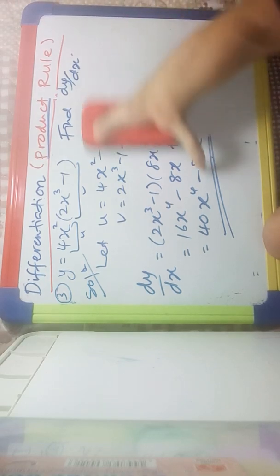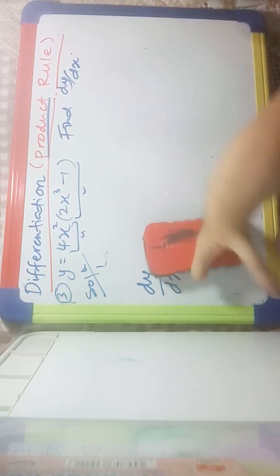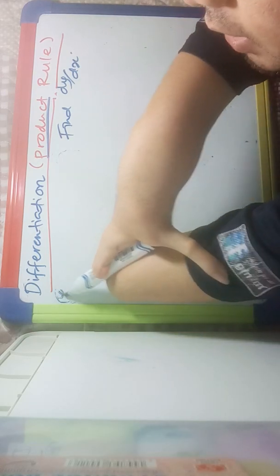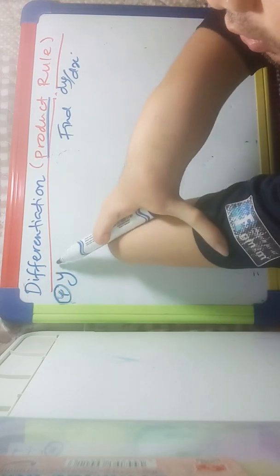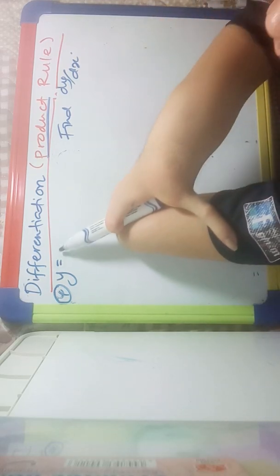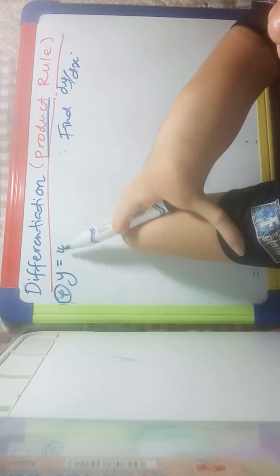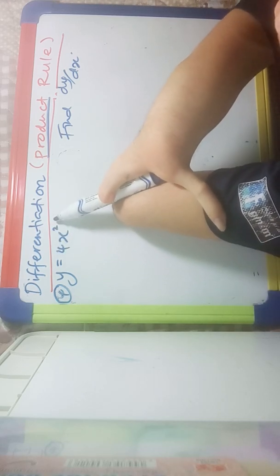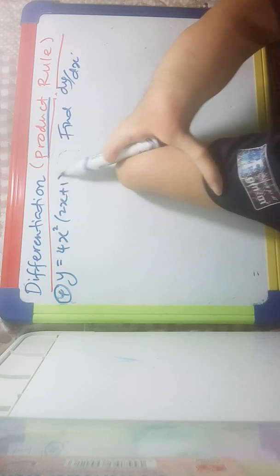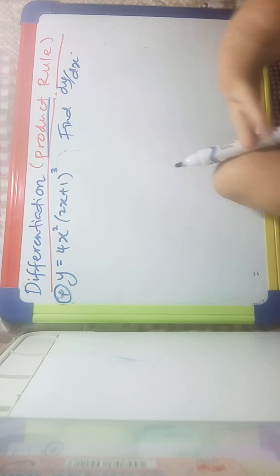Next example. Example number 4. What if you have something? Okay, example number 4. Okay, y is equal to, let's say, 4x square in bracket 2x plus 1 the power of 3.